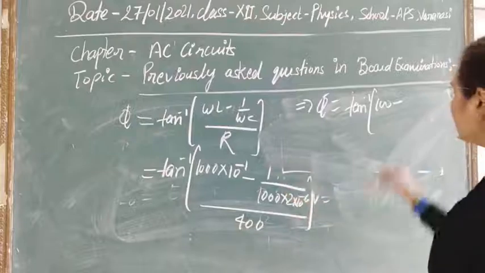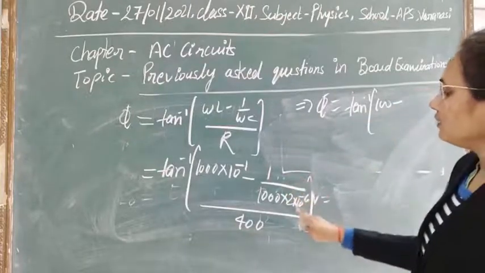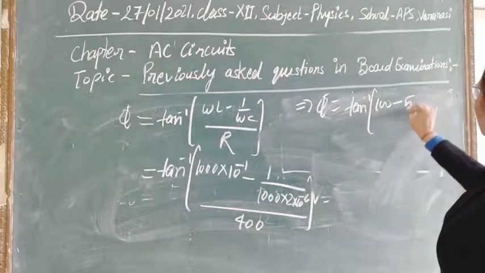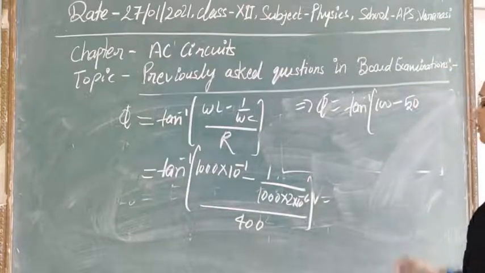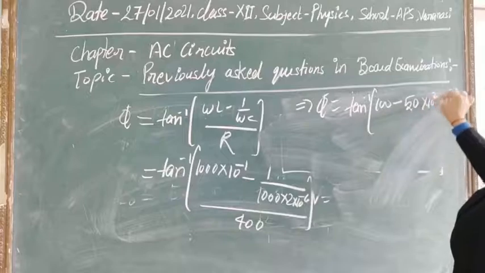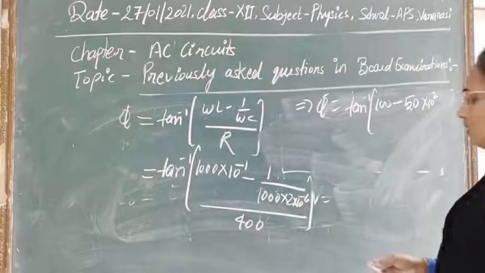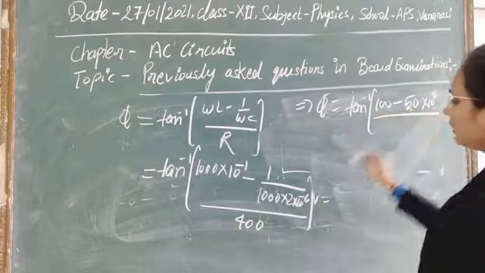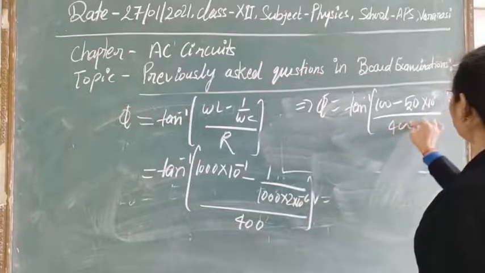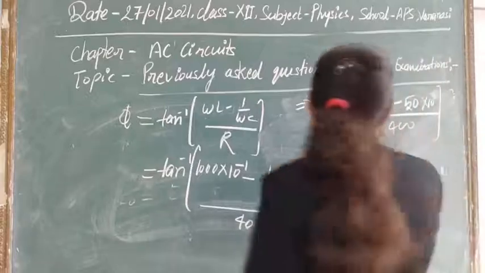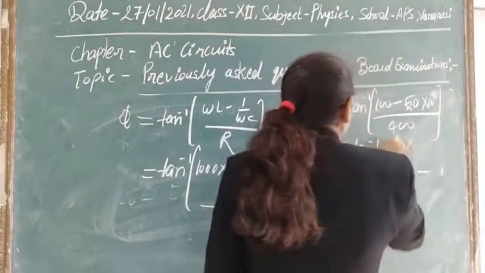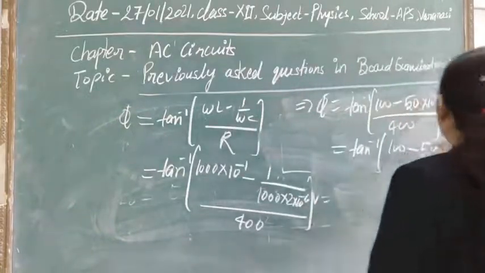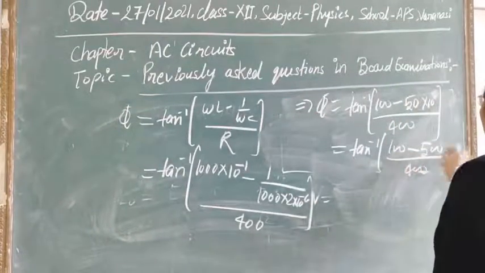If you solve it, this will be 10 power 3 by 2, which is equal to 50 into 10 to the power 2, or 10 power 1 exactly, divided by 400. This is equal to tan inverse of 100 minus, this will be 500 divided by 400 here.